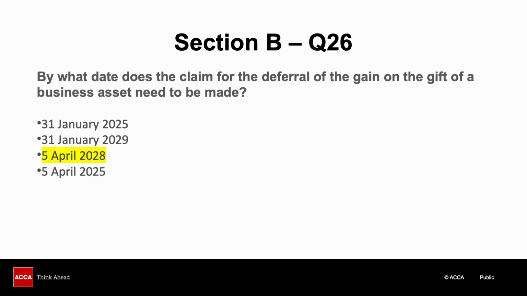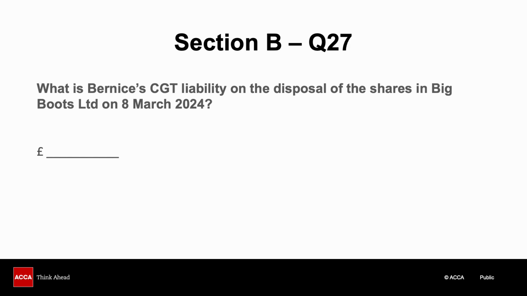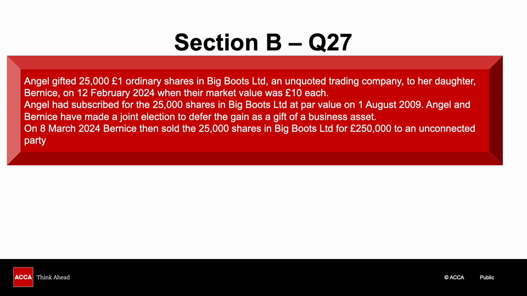And the second question, looking at the Big Boot shares, is asking us to work out what Bernice's CGT liability would be on the disposal of those shares on the 8th of March 2024. So the relevant bits of information from the scenario for this question are that Angel gifted 25,000 £1 ordinary shares to the daughter in February 24. They were worth £10 each at that point.